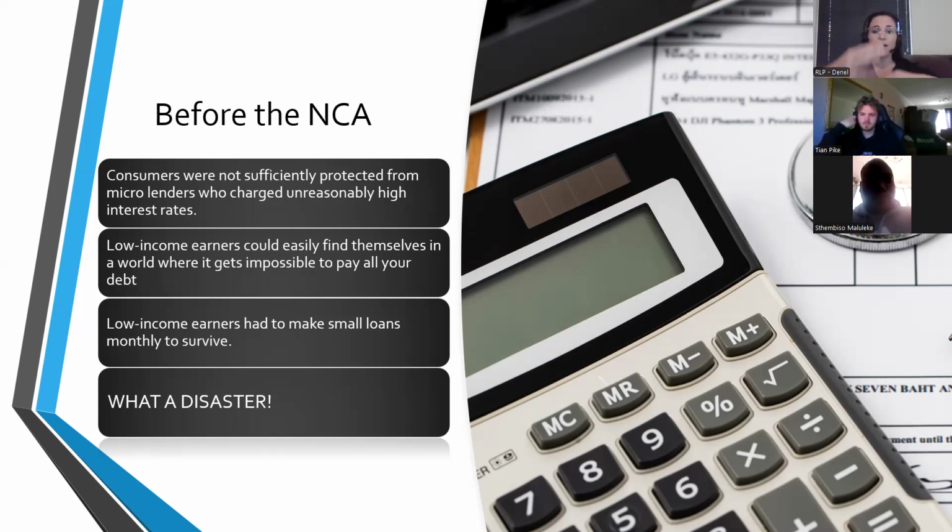And before they realized, it was literally a snowball effect where it got bigger and bigger and out of control, and they had no way to pay back their loans. Okay, so this is what the NCA is trying to prevent. That if they can see clearly, oh, but this consumer cannot afford any more credit, then they won't be allowed or approved for more credit.